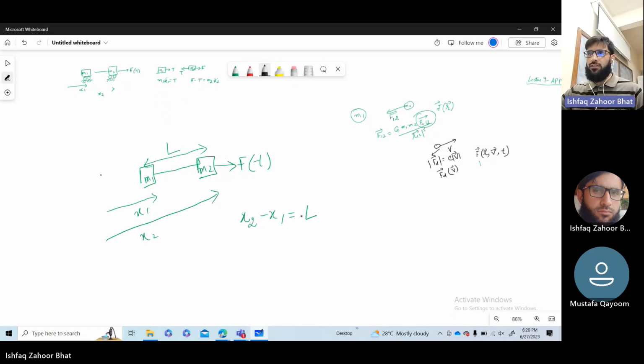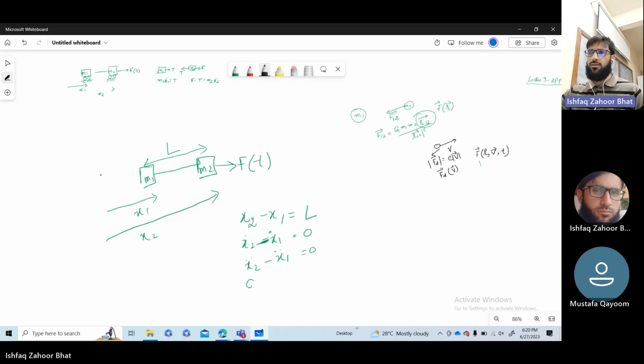You can differentiate on both sides. We get x2 dot minus x1 dot equal to 0, and differentiating again gives x2 double dot minus x1 double dot equal to 0.